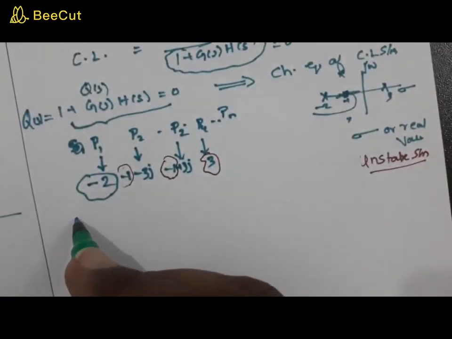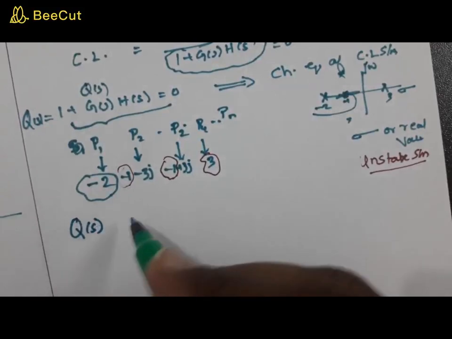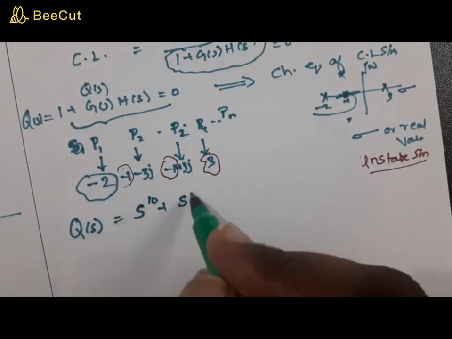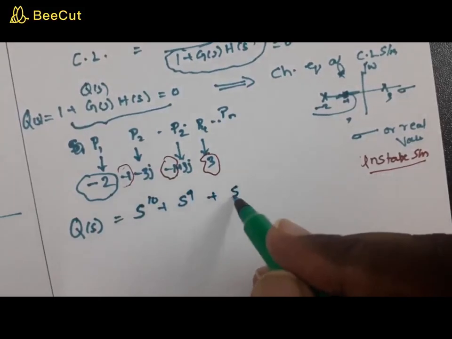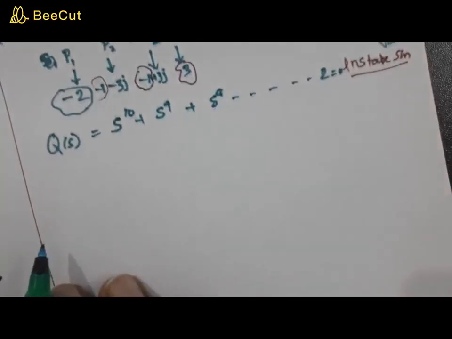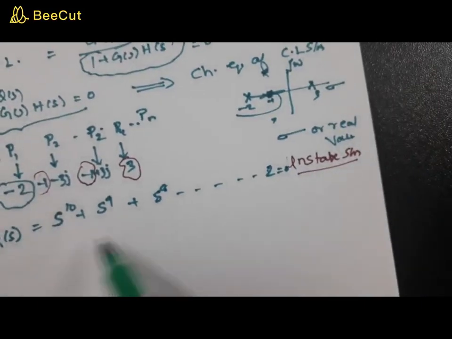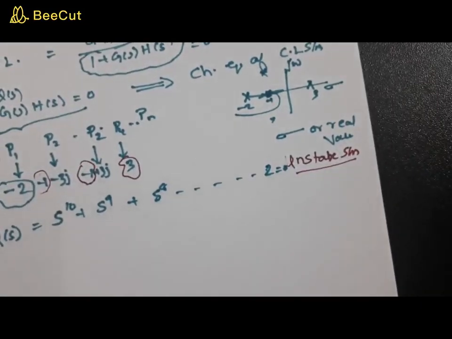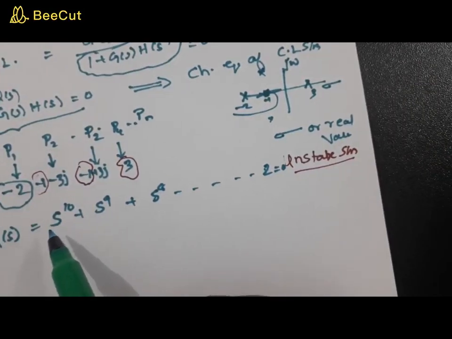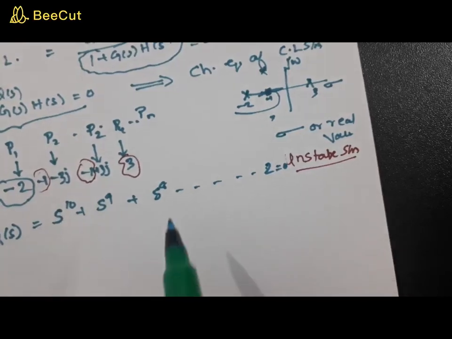When this Q(s) is having a power higher than 3 or 4, for example, if you have a Q(s) something like s raised to 10 plus s raised to 9 plus s raised to 8 and so on, plus, say, 2 equal to 0, this is a higher order characteristic equation. If you want to analyze whether such a system is stable or unstable, it's very difficult to solve this.